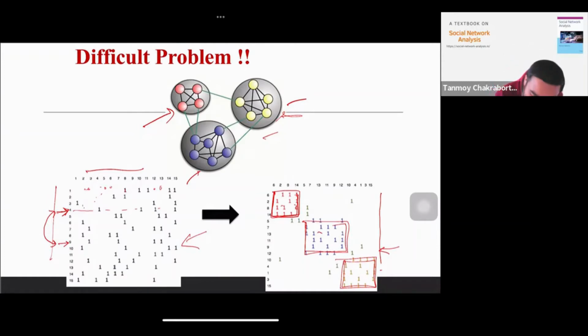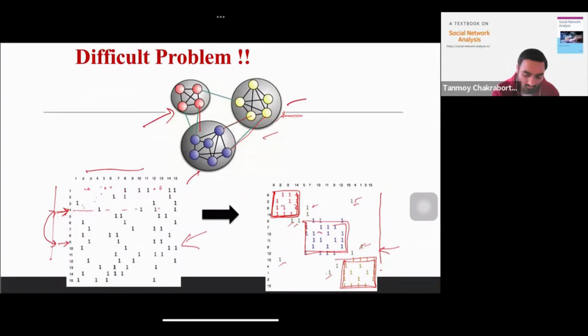Now what are the other ones indicating? These other ones which are not part of any block are basically edges. Each one indicates an edge. These ones correspond to those edges which connect two communities. These are inter-community edges.